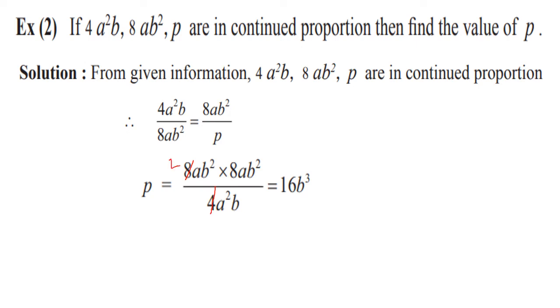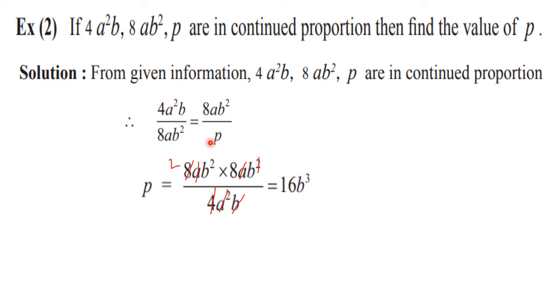This a square will get cancelled with this a and this a. Also 1 b will get cancelled with 1 b, and finally we are left with 2 into 8, that is 16, and b square into b, that is b cube, and therefore the value of p is 16b cube.